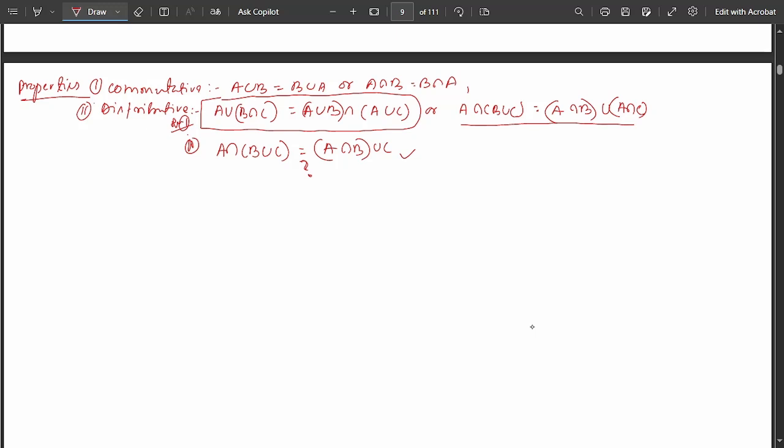Also test the associative property of intersection: A intersection B intersection C equals A intersection, B intersection C, or not. Test this, check.